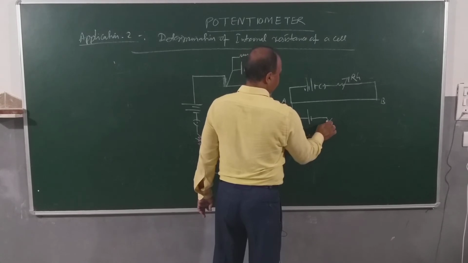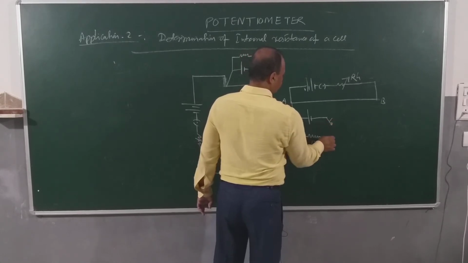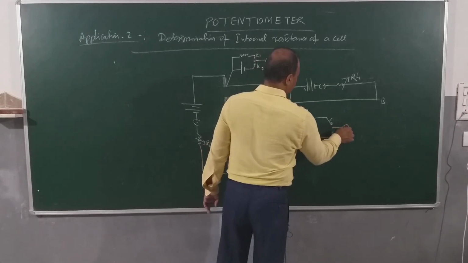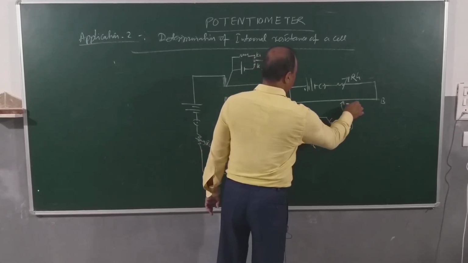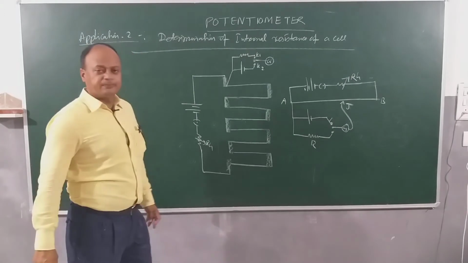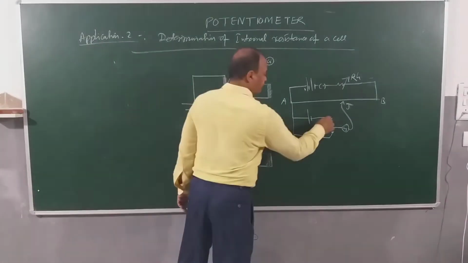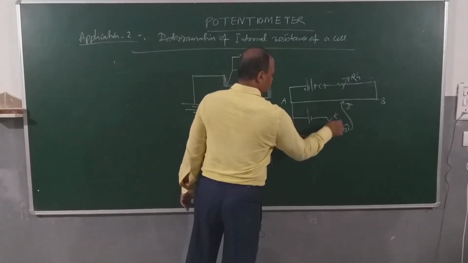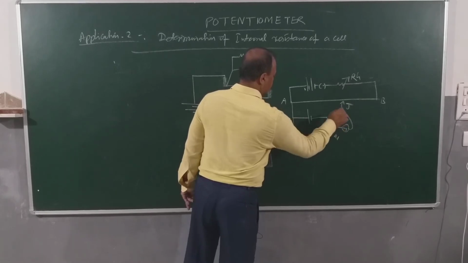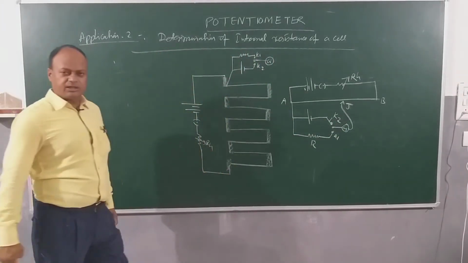Now here we have a galvanometer connected, and here we have a jockey, right? Did the same thing. This key is K1 and this is K2, right?